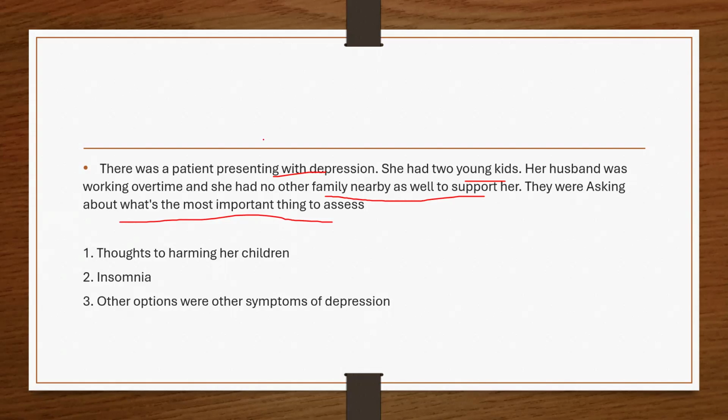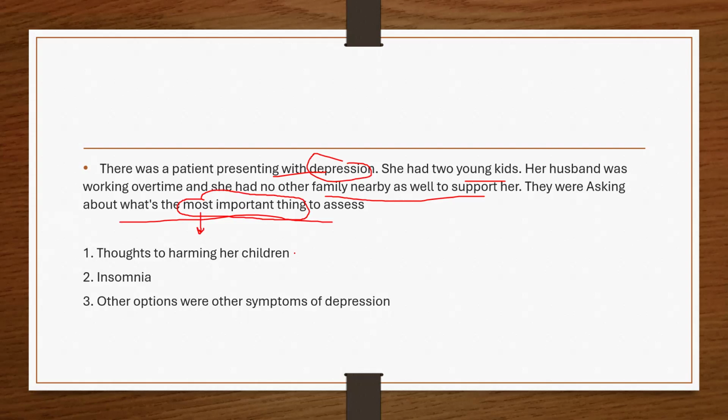Okay, so here there was a patient presenting with depression. She had 2 young kids. Husband was working overtime. So for this patient, what is the most important thing to assess? Now here, the keyword is most important thing to assess. For you to decide, you have to go through the answers and check what they have given.